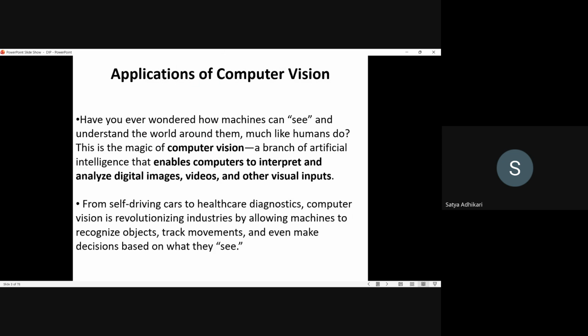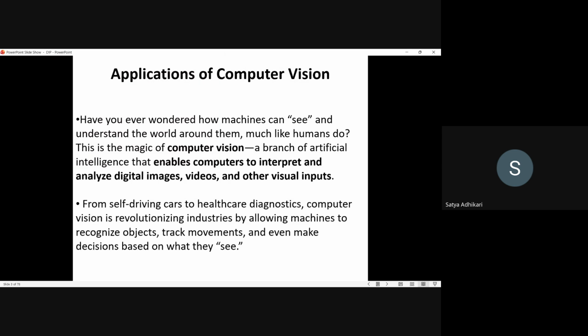From self-driving cars to healthcare diagnostics. A self-driving car is a car that moves without a driver. When some obstacle comes, the brakes are automatically applied, so the car stops.